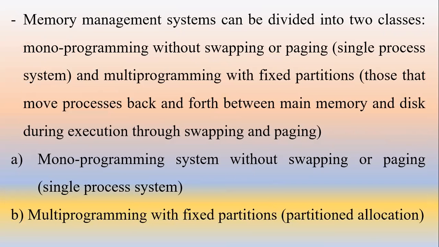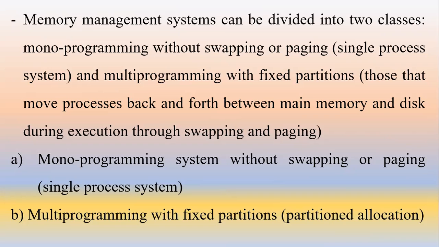Memory management systems can be divided into two classes: monoprogramming without swapping or paging, or what we call the single process system, and multiprogramming with fixed partitions, those that move processes back and forth between main memory and disk during execution through swapping and paging.